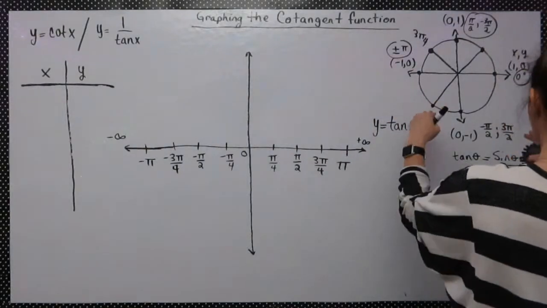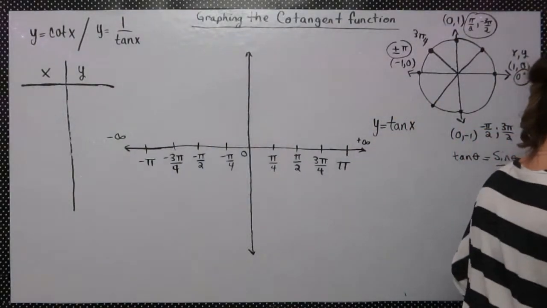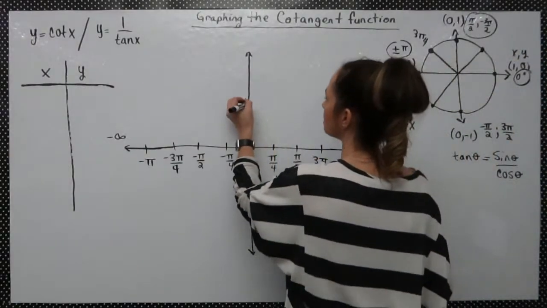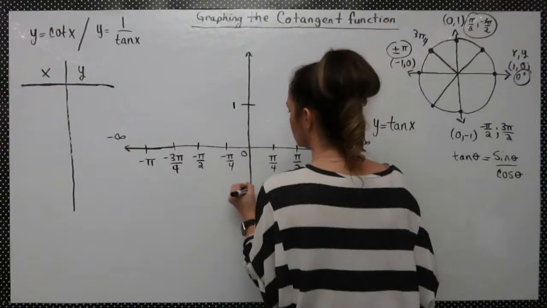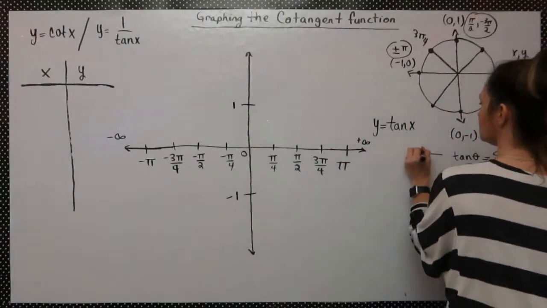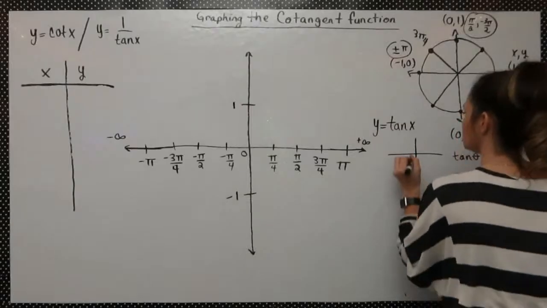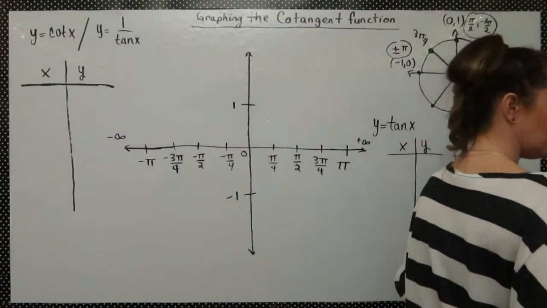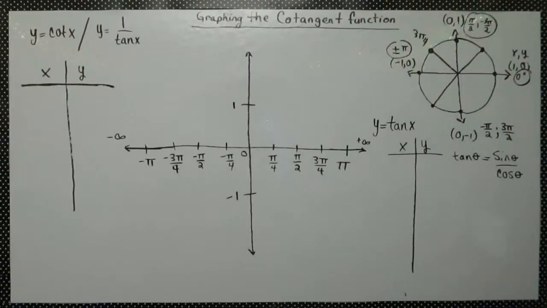So it's like a reverse. So it's the negatives. All right. And then I need a 1 here, negative 1 for my range. And then I'm going to redraw my table here for tangent. Okay, and breathe. Well, it's been a whole weekend since I've done any math.